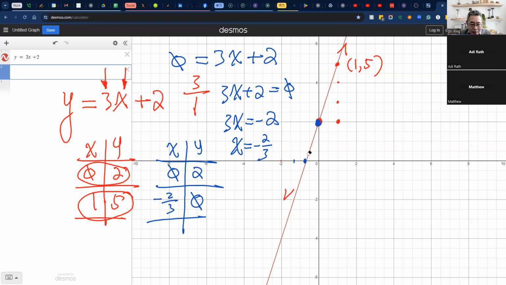But on the negative 2/3, I was off a little bit. But you can see here in the graph, if I look at this point, this point is negative 0.667, which is negative 2/3. So the nice thing about this tool, this is (0, 2), and we got (1, 5).